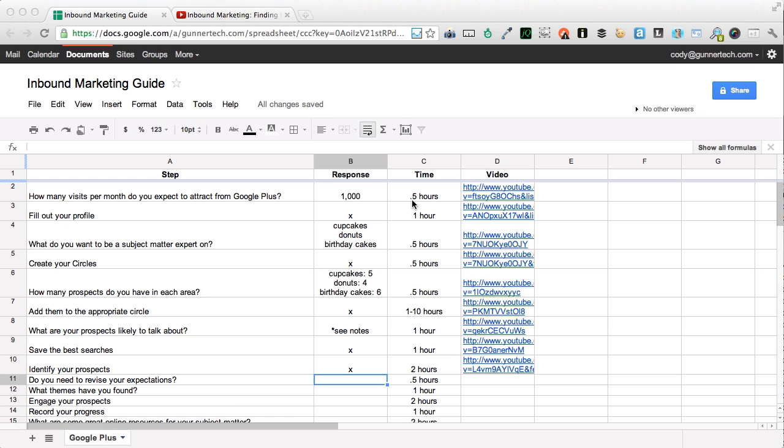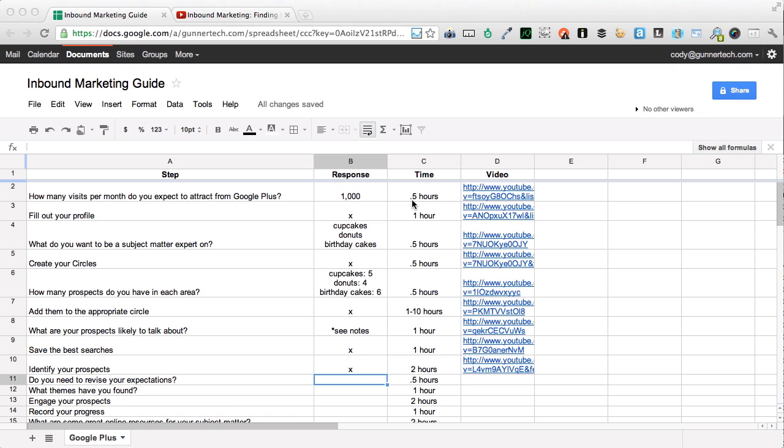So for example, if you identify a prospect and put them in the cupcake bucket, then someone who's friends with that person in the cupcake bucket may see their profile and see their interaction with you and click through to your site. Now, that person was never bucketed, but they did count to your total for visits per month. The same way, people just naturally browsing Google Plus will also find your link to your site, and that will count towards your total.